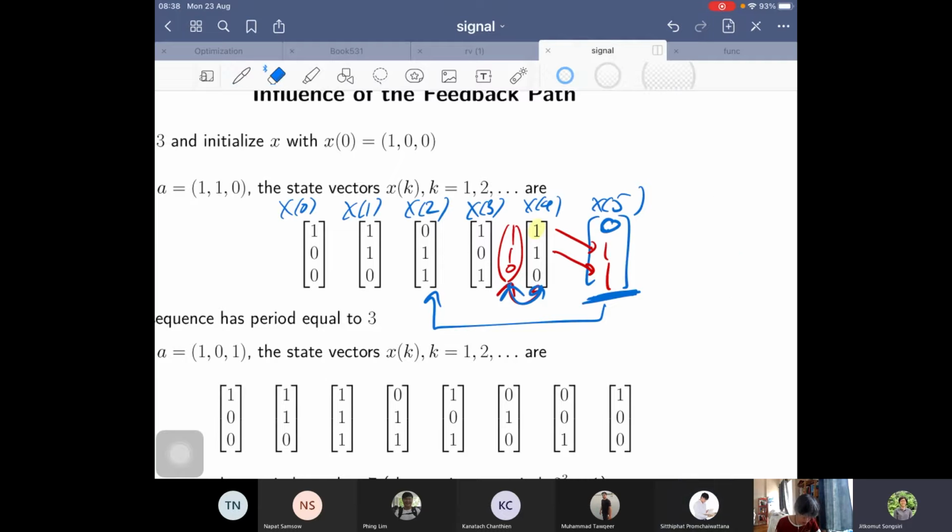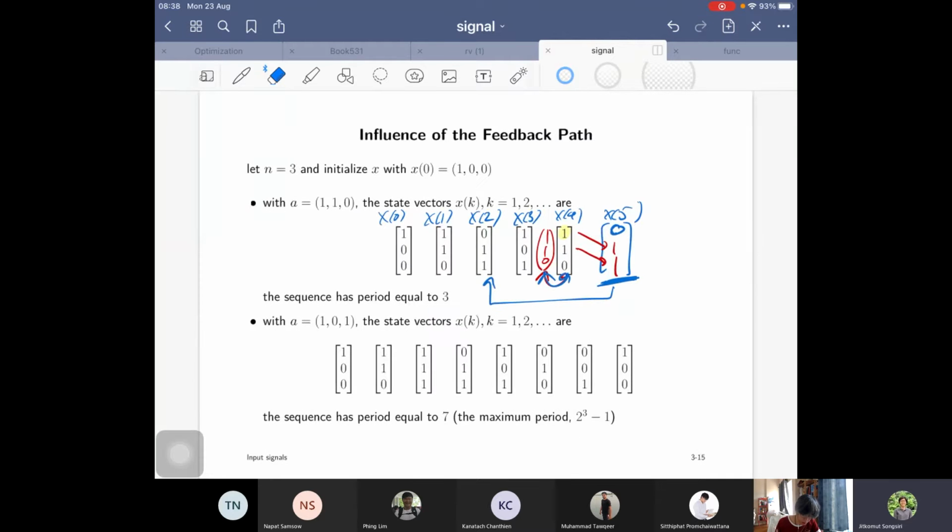Then it means that if we just continue our sequence, it's gonna have a period of 3, right? Period of 3, because you're gonna repeat with these 3 vectors all the time. Okay, is it clear?